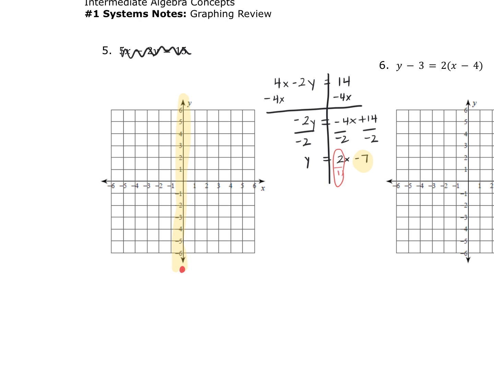So when I count, I'm going to start with my first point on negative 7, and I'm just going to go up 2, which brings me up to negative 5, and then to the right 1. And now we're on the graph. Up 2, right 1. And then I'm just going to connect those together.